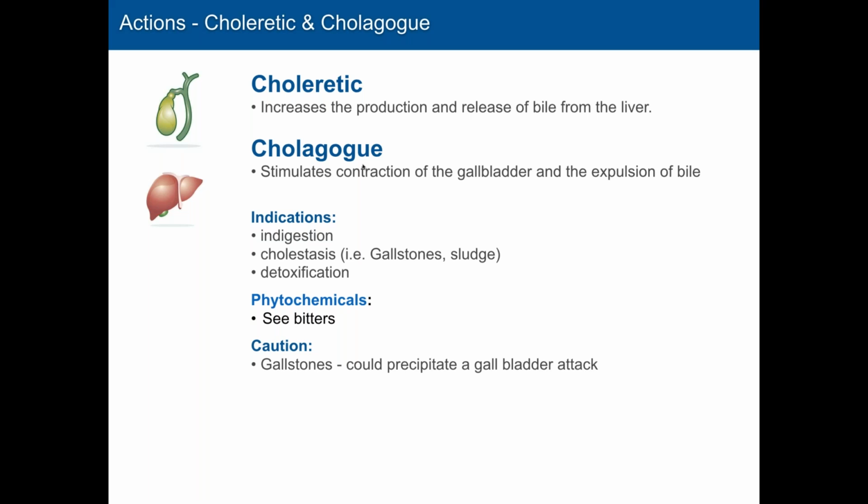And so if you've got cholestasis, where stasis means static as opposed to dynamic, the gallbladder is static, it's not moving. This can occur if you're not eating a lot of bitters in your diet, but also with certain medical conditions like pregnancy. I don't know if pregnancy is a medical condition, but it's a thing.